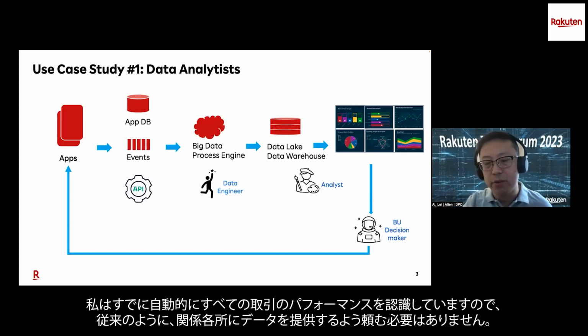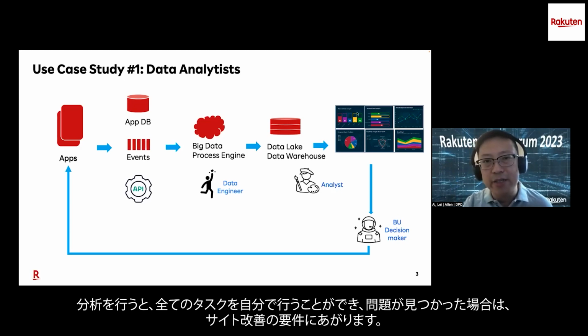You will have the analysis with all these charts by yourself. And if you find anything that is not working well, then you will have a requirement, or make a decision about which part you want to invest in or improve. For example, you want to build a new feature, or run a new campaign in Rakuten Ichiba, so you will do enhancements there.